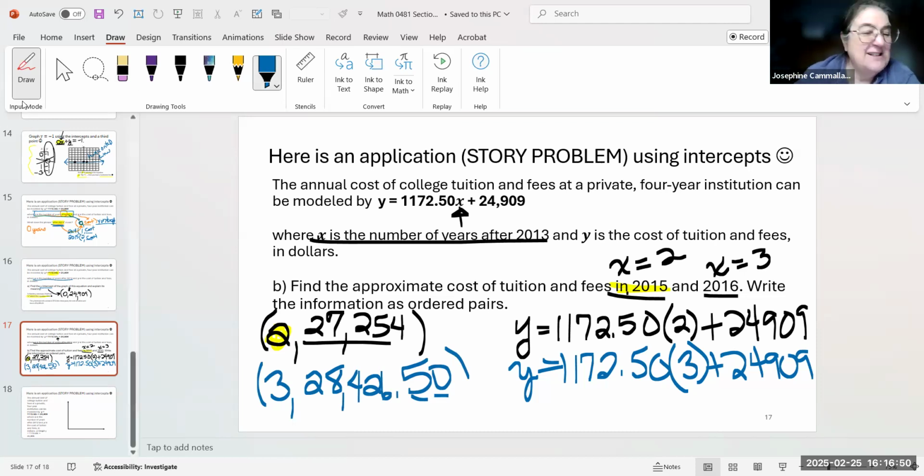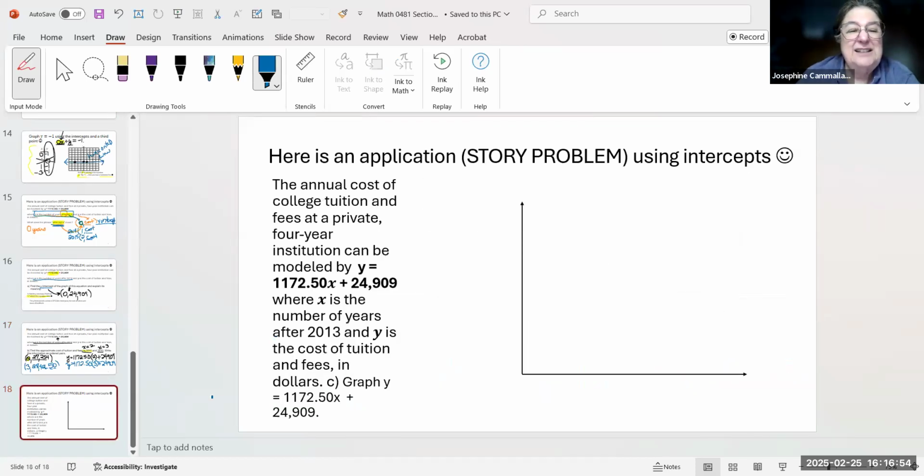And then this is what you're going to like. Graph. That's my C part. Okay. Now, this is where you're going to have to be careful. This is going to be years.